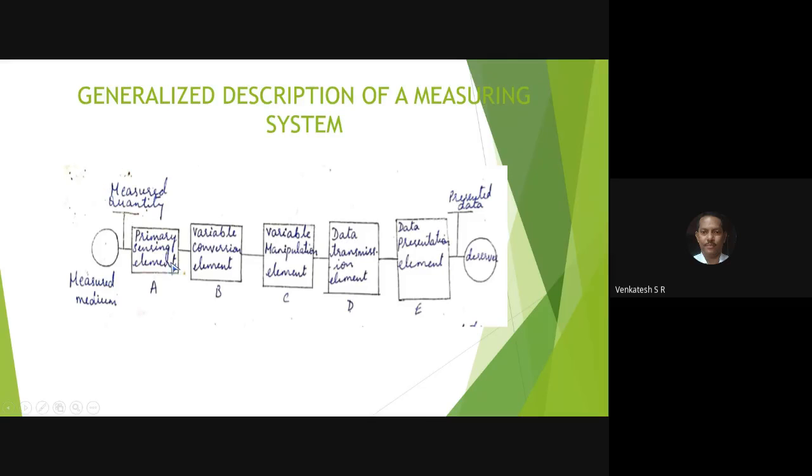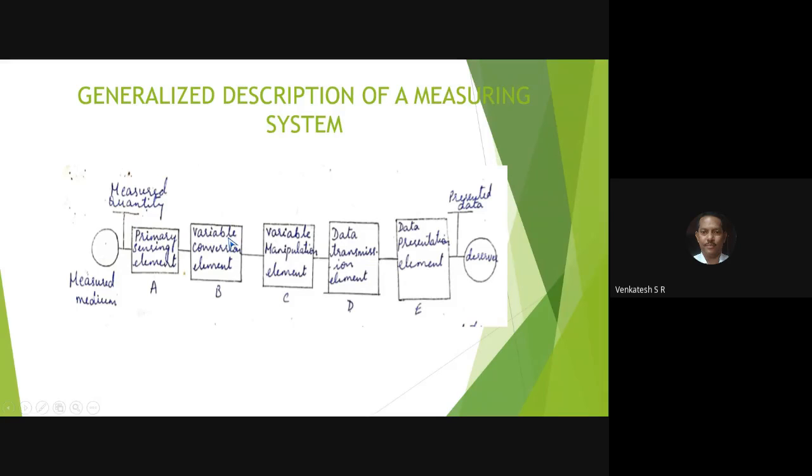The first block is the primary sensing stage or primary sensing element. Whichever signal is received by the primary sensing element is translated and fed to the variable conversion element. Remember the word variable.